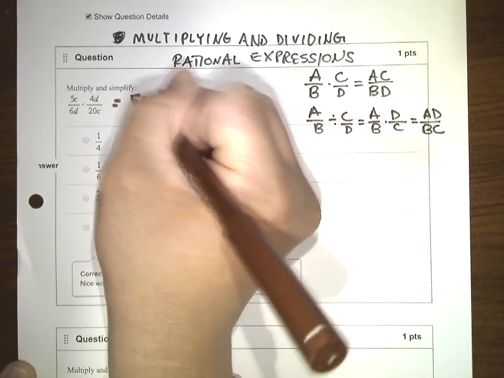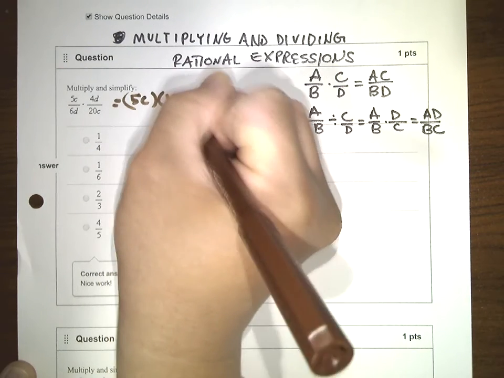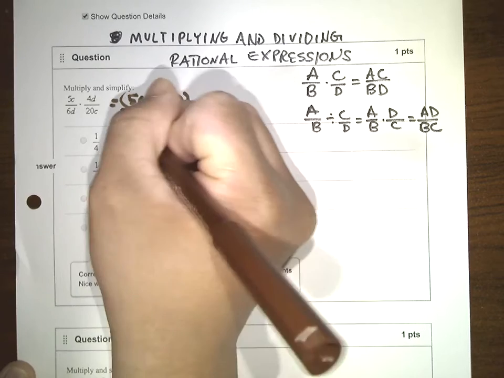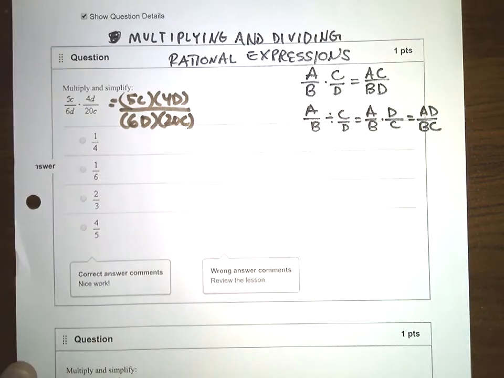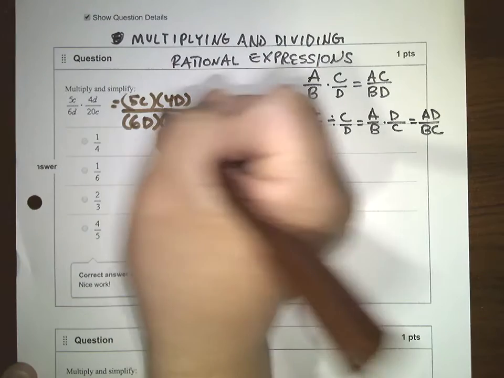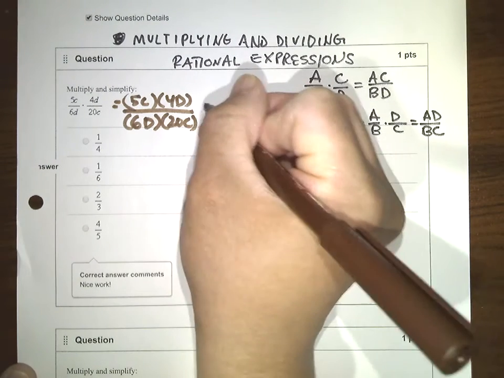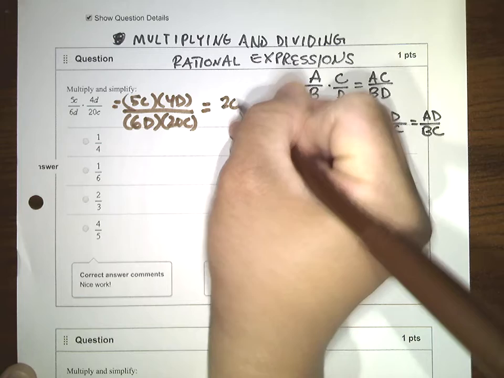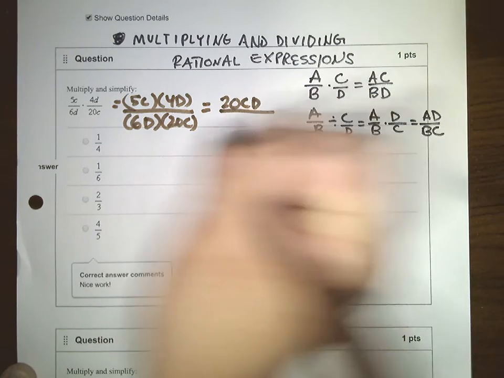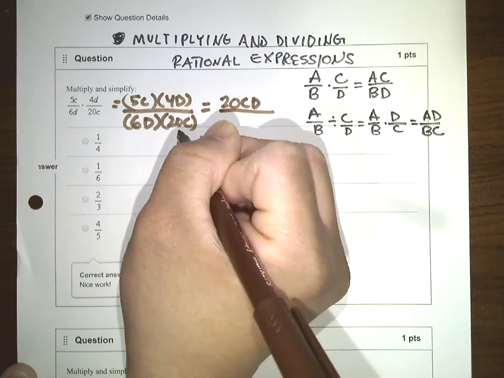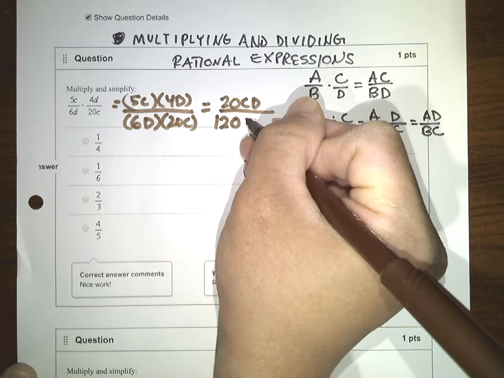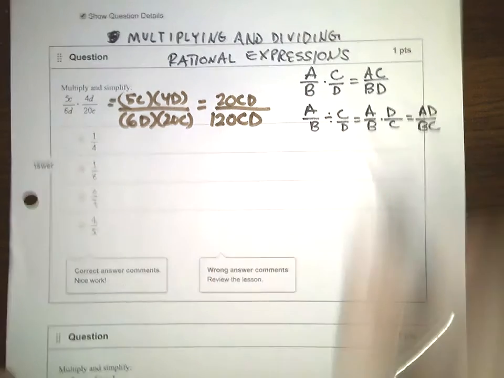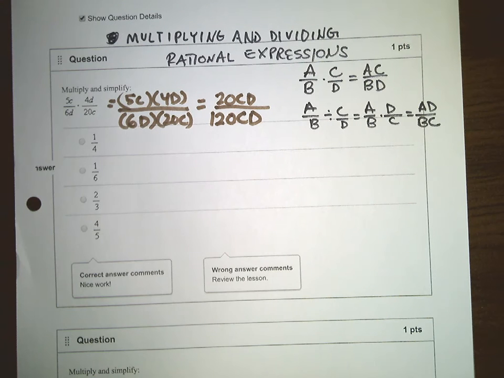So 5c times 4d divided by 6d times 20c. Now, I could just multiply 5c times 4d and get 20cd, and then 6d times 20c to get 120cd, so these are in alphabetical order if I would like.